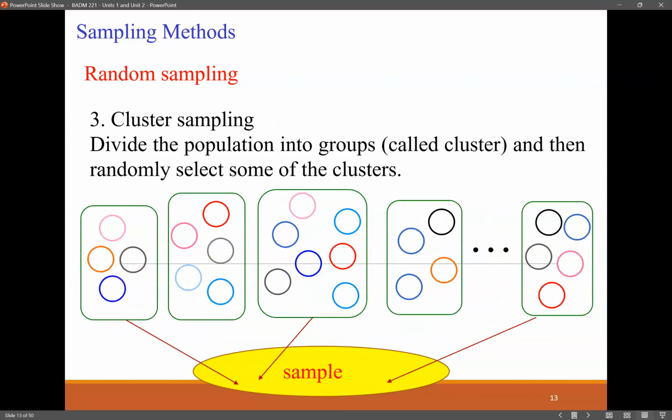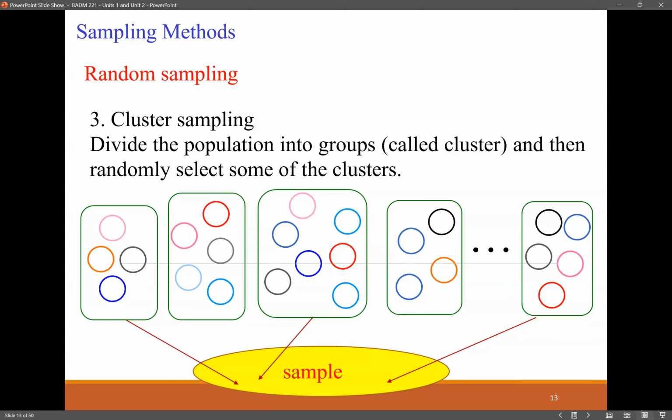And cluster sampling. In cluster sampling, you divide the population into groups, and then randomly select some of the clusters. Suppose in a classroom there are different desks, with different students sitting at different desks.